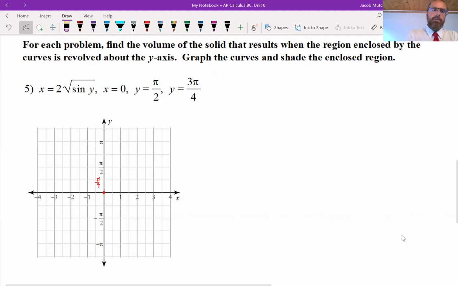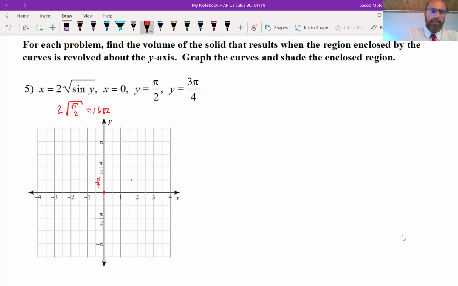So the value is going to be 2 times the square root of square root of 2 over 2. So we just need to say what that value is going to be. That's about 1.682. So all that said, when y is pi over 4, the x value is going to be 1.682.